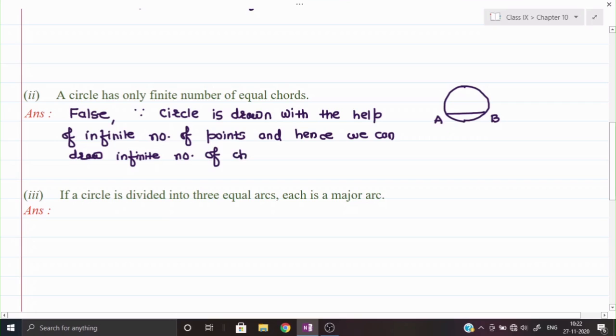Because points are available infinitely, why can we not draw an infinite number of chords?